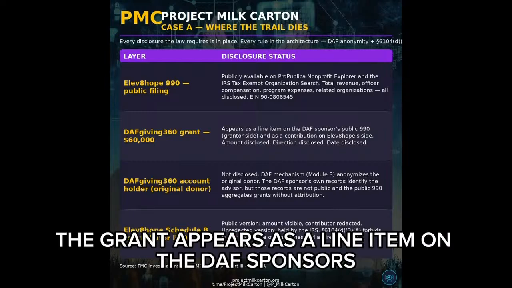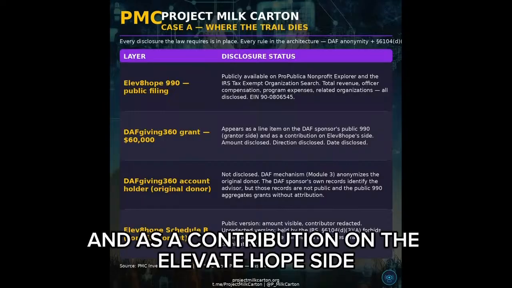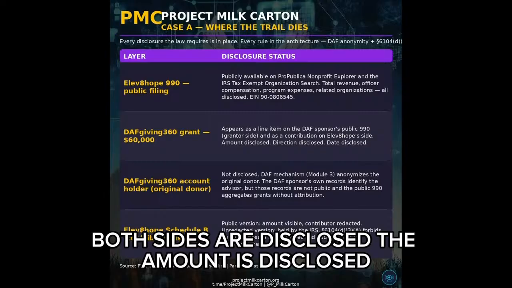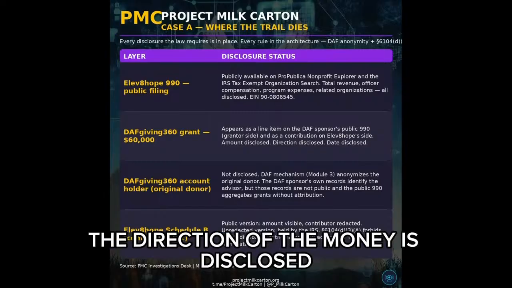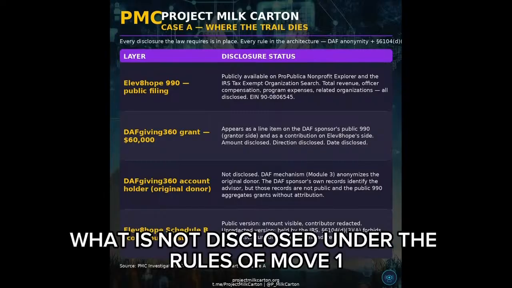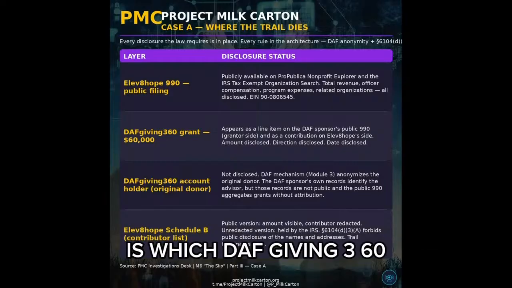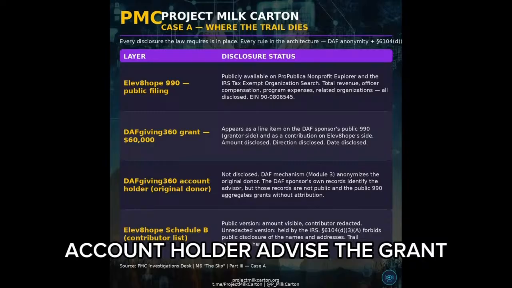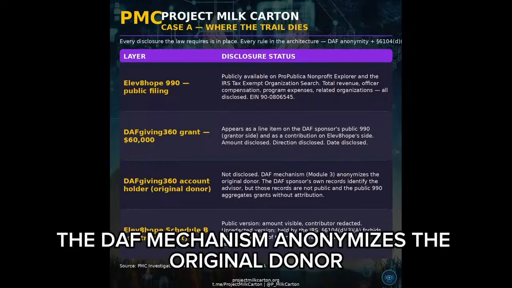The grant appears as a line item on the DAF sponsor's public 990 and as a contribution on the Elevate Hope side. Both sides are disclosed. The amount is disclosed. The direction of the money is disclosed. What is not disclosed under the rules of Move 1 is which DAF Giving 360 account holder advised the grant. The DAF mechanism anonymizes the original donor.